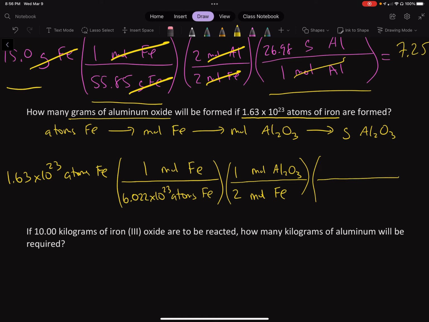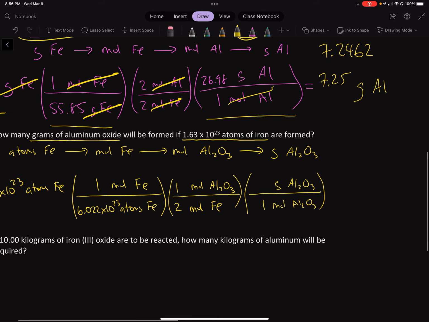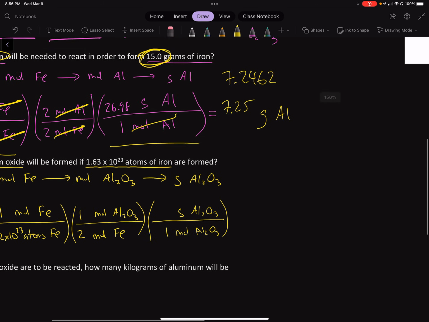And then for the last conversion, we want to go from moles of, let me write that a little bit better, aluminum oxide to grams of aluminum oxide. So we're going to need the molar mass of aluminum oxide, and we haven't calculated that yet with these problems. So aluminum oxide, Al2O3.